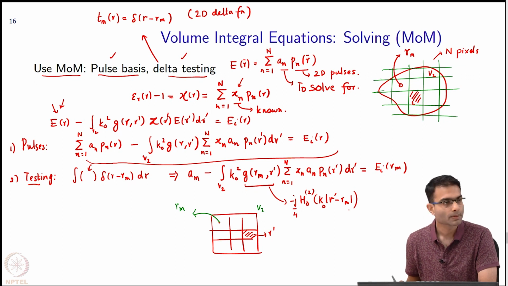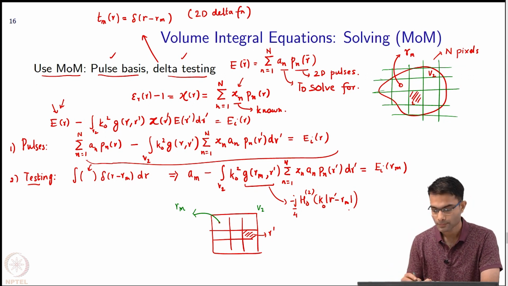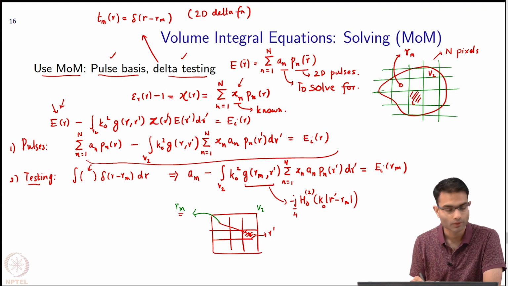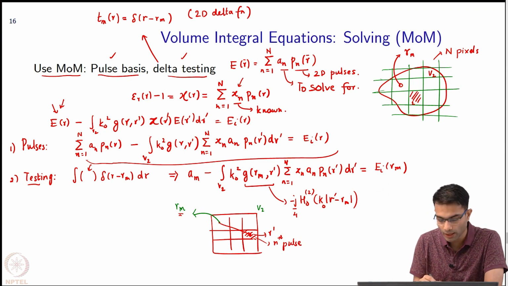So, then what remains? When I am doing this integration, r_m is being held constant, this distance is what is varying over where? Over this nth pulse, correct. So, I am holding r_m constant and integrating over this, then this, then this, over all of these pulses one by one.